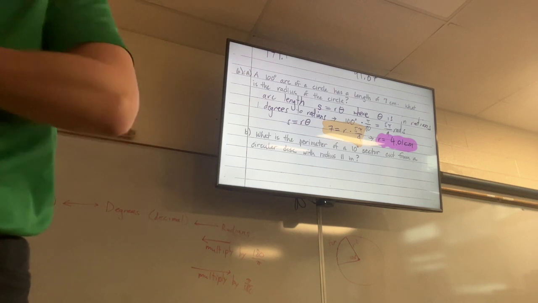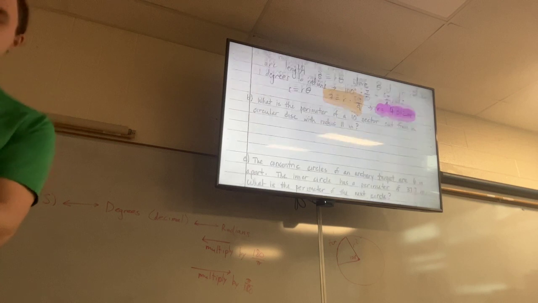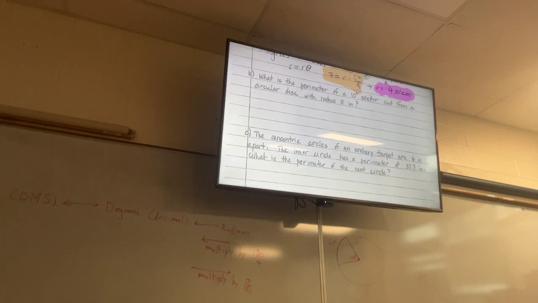Can I talk about B? What's the perimeter of a 10-degree sector cut from a circular disc with radius 11 inches? So let me draw a circle.